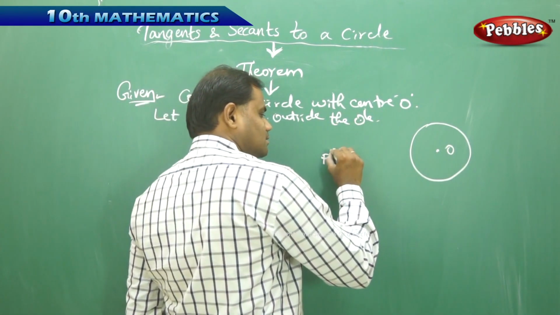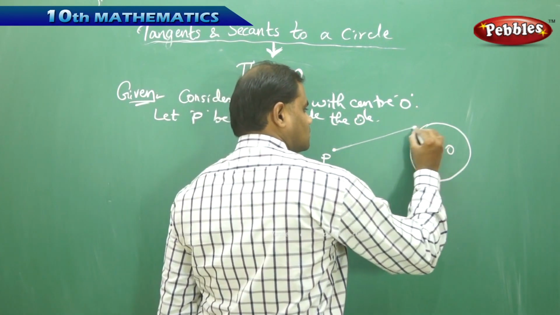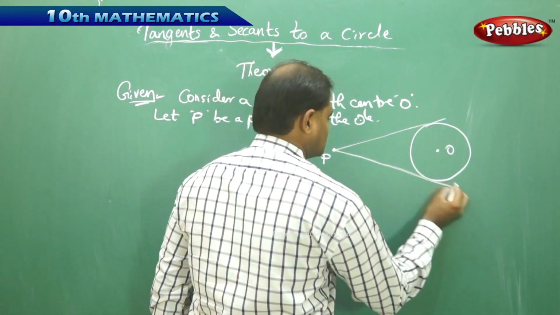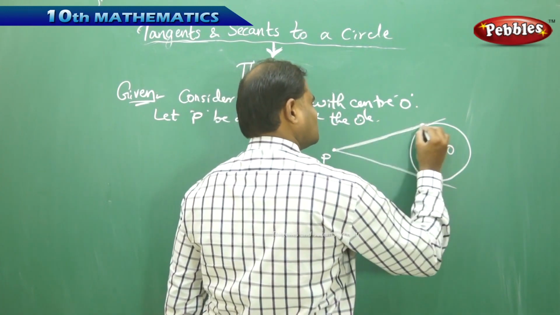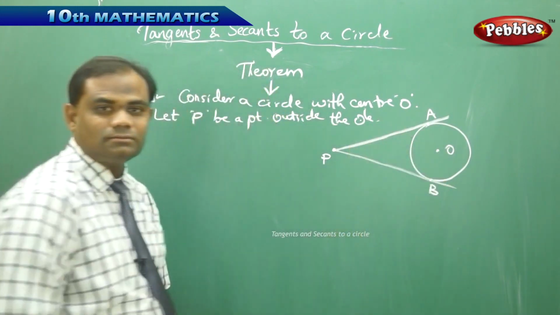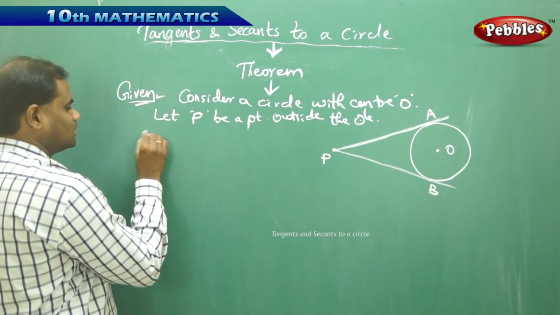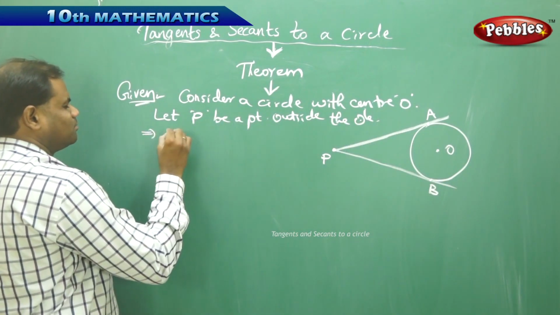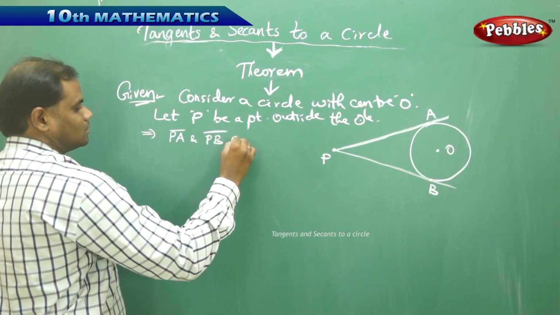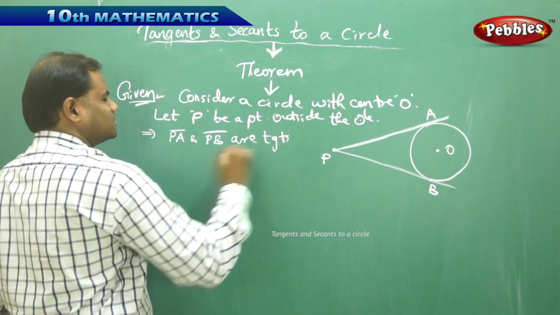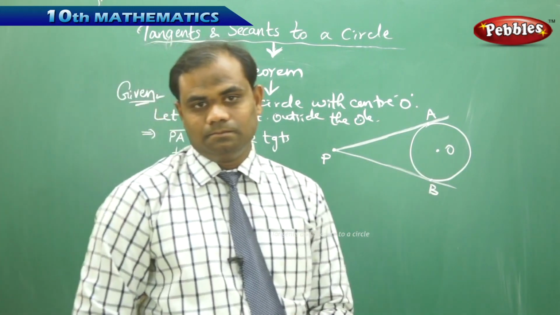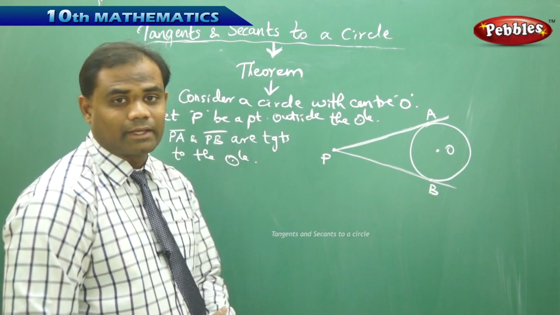As I see here, this is one of the tangents, and this is another tangent drawn out here at A and B. So here I see that PA and PB are tangents to the circle with center O.